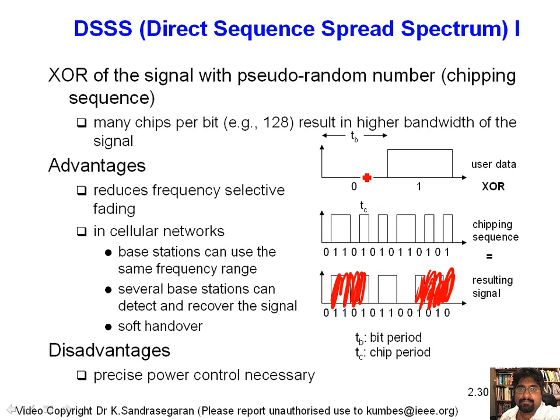You can know straight away, by comparing the bits that are okay with the chipping sequence, whether what was transmitted was a 0 or a 1. So even in the presence of frequency selective fading, direct sequence spread spectrum lets you still recover your original signal, and hence it provides better quality communication compared to the other multiplexing and modulation schemes that we've talked about.